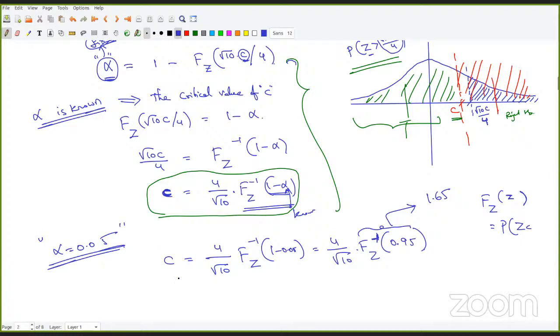Now this particular C value we are going to compute at alpha equal to 0.05. If I substitute 0.05 inside this, I'm going to get this. By looking at the table, FG inverse of 0.95 is 1.65. So just substitute that. We are going to get something like 4 times 1.65 divided by root 10.